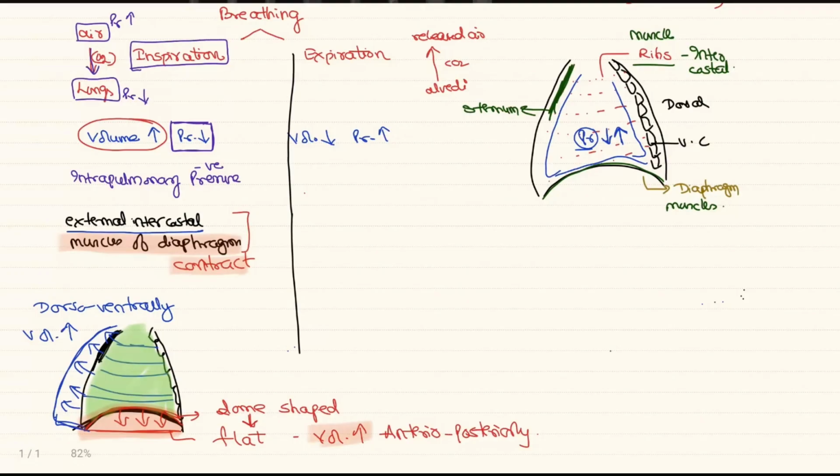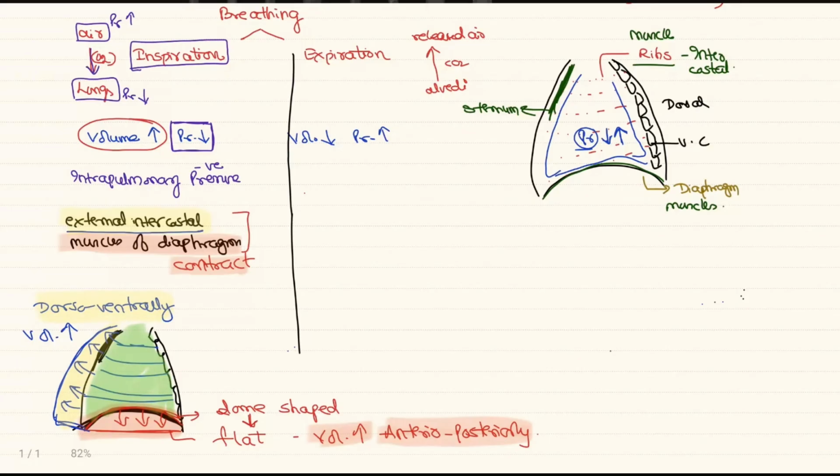So the volume has increased in the anterior-posterior axis. The second one is the external intercostal muscles present in the ribs. When they contract, they will lift the ribs upward. So this will increase the volume dorso-ventrally.